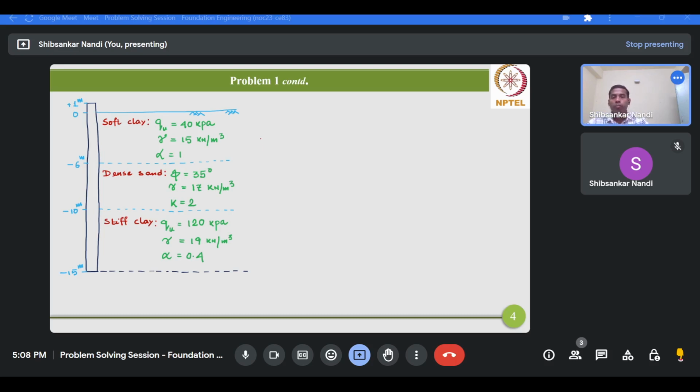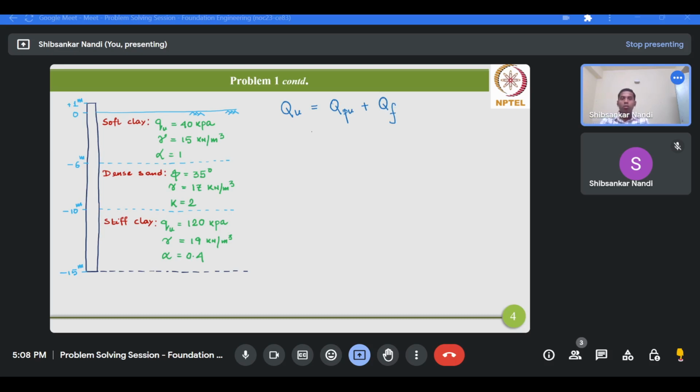Now, as you know, the ultimate capacity of a pile is derived from point bearing resistance. So Q is the summation of point bearing resistance QPU plus QF, that is the ultimate skin friction resistance.